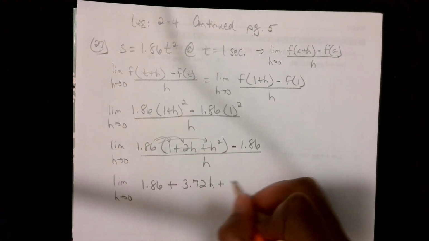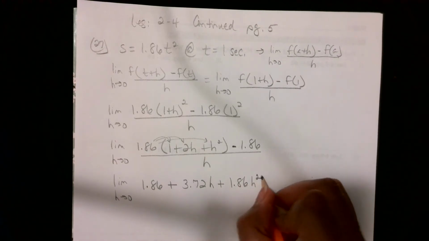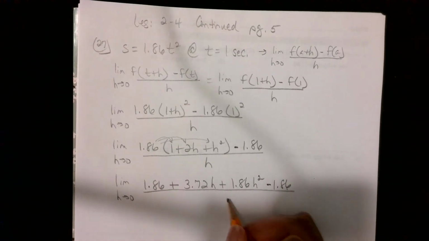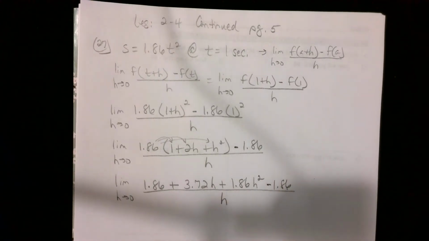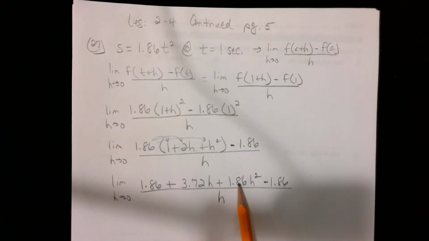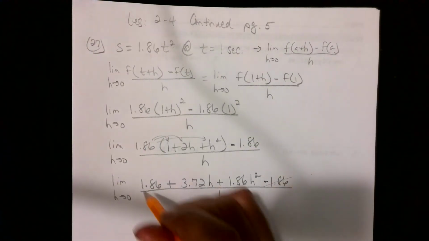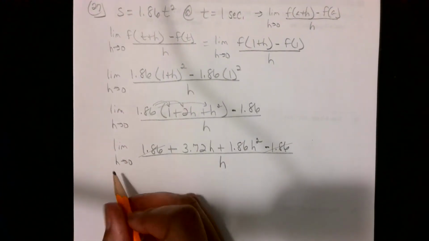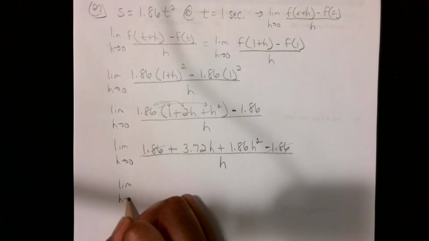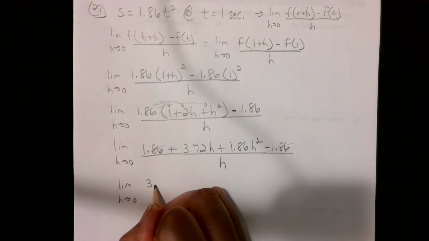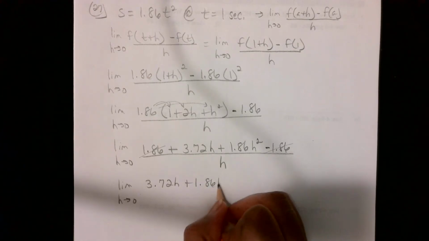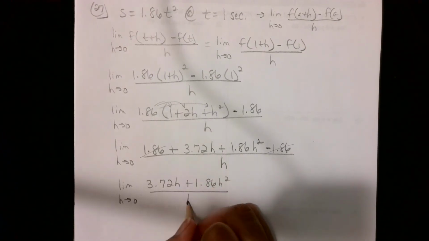And then plus 1.86 h squared minus 1.86 all over h. Now, addition and subtraction on the same line of order of operations, so now you can do this. And we get the limit as h approaches 0 of 3.72h plus 1.86 h squared all over h.